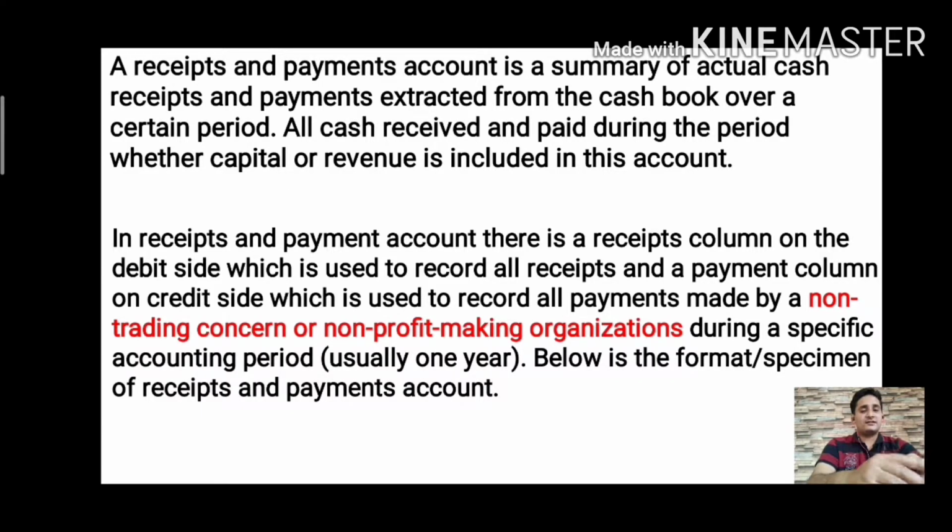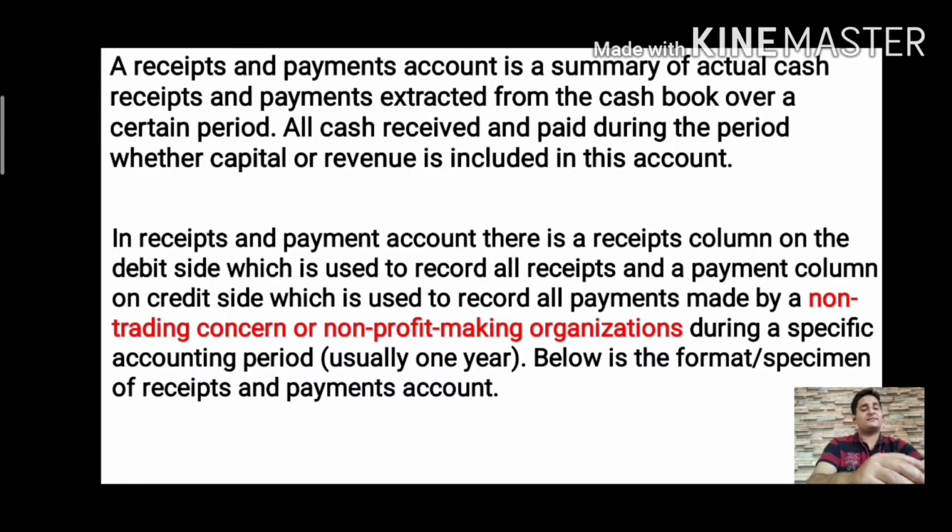How much cash is received and how much cash is paid, only that portion you have to record. The main purpose is to show how much cash is inflow and how much is outflow. So that's why it is called a summary of the cash book.